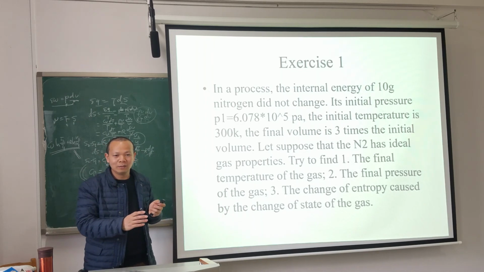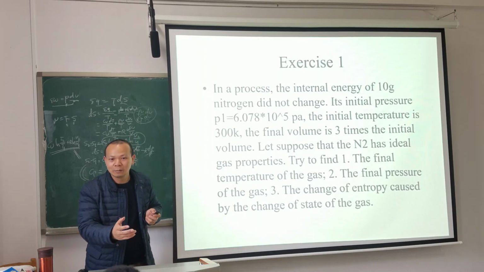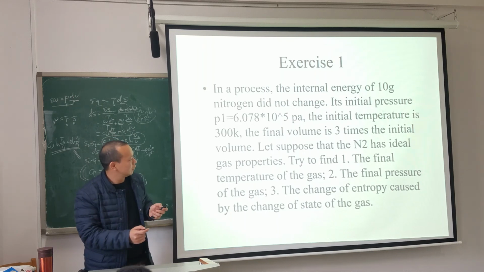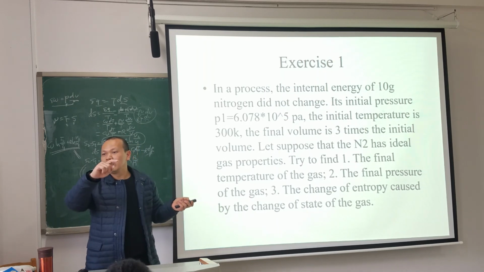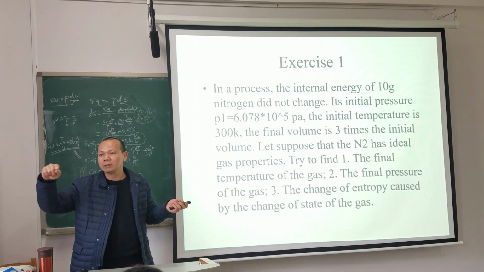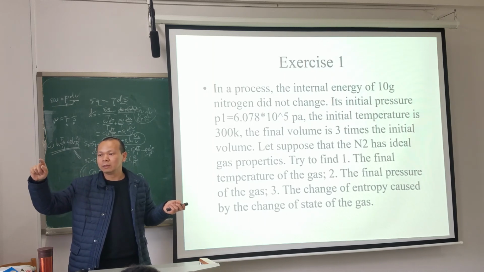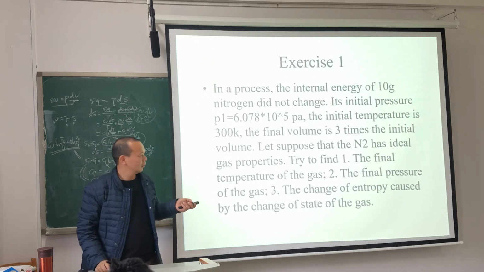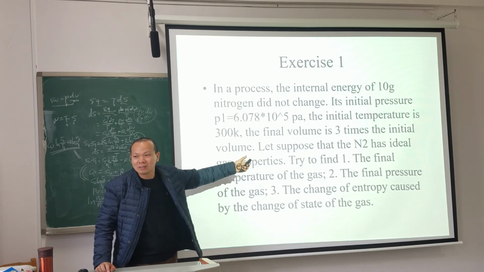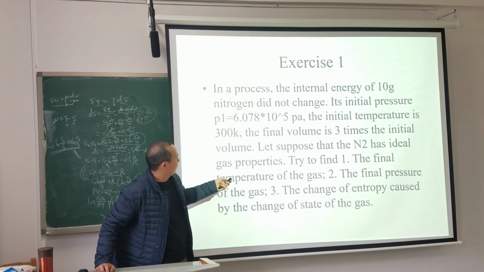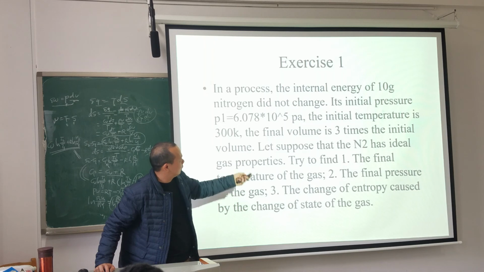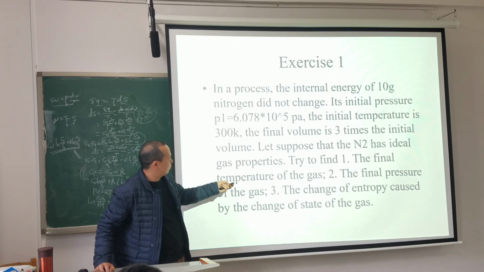The final volume is V2, so V2 is equal to 3V1. Let's suppose that the nitrogen has ideal gas properties.